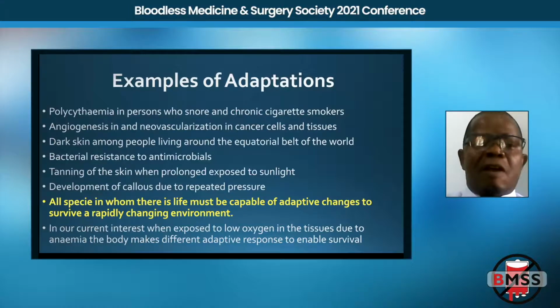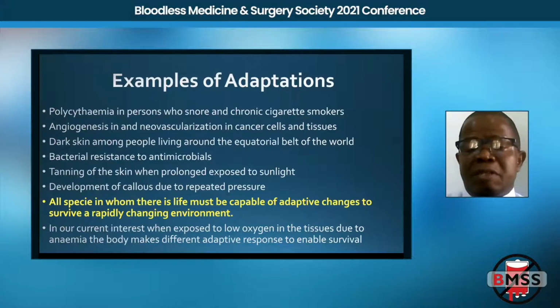The body tries to cope with that by producing more red cells to catch up and help the patient survive. Certainly with cigarette smokers and other people who have hemoglobin with high oxygen affinity, they also have secondary polycythemia.